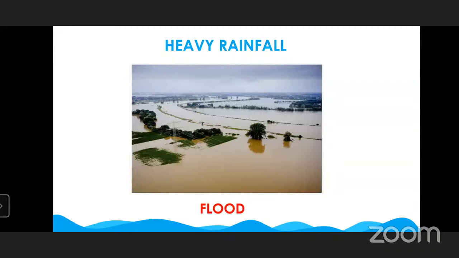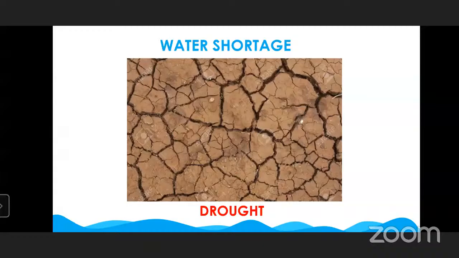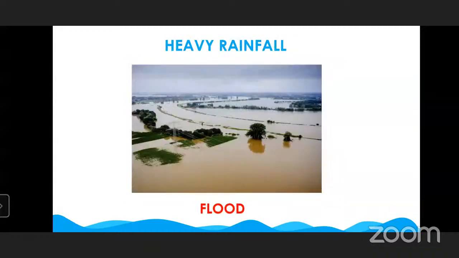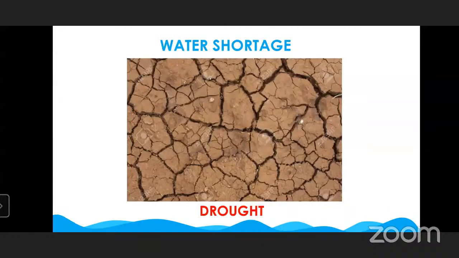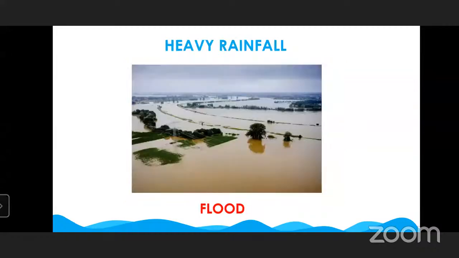These two are the main problems related to agriculture, that is drought and flood. Drought because of less water or shortage of water, and flood because of heavy rainfall or more than sufficient water. Okay. Now, moving to the next slide.